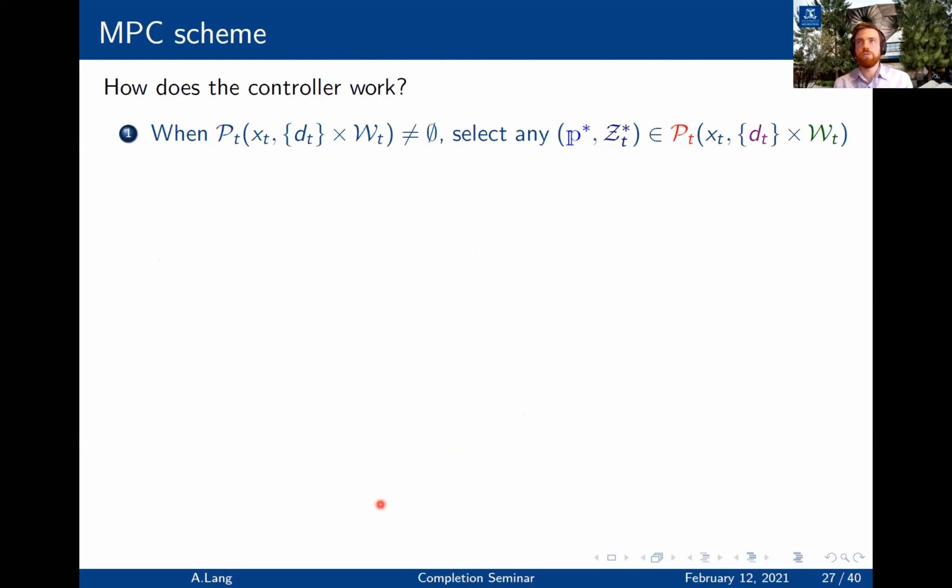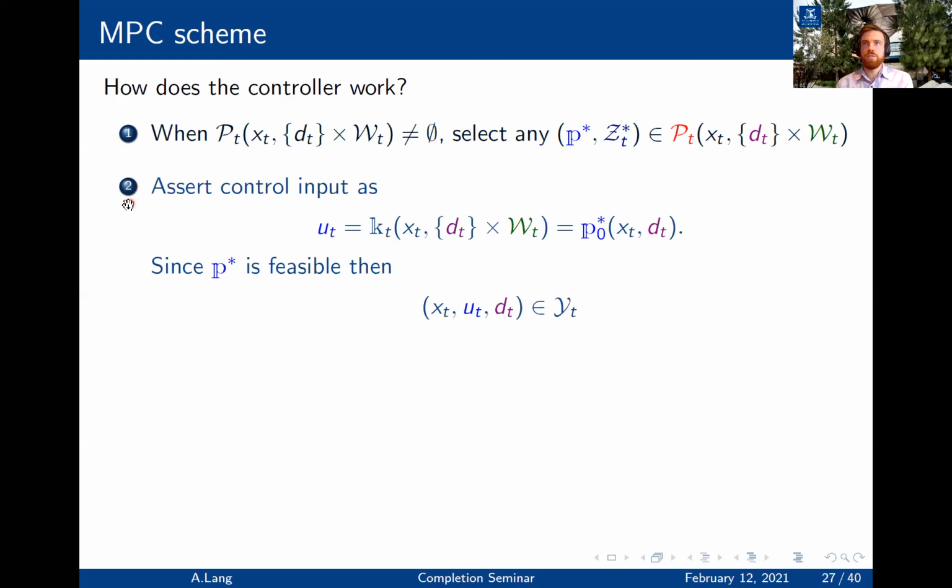So how does the MPC controller work? Well, first, at the current time t, if the constraint set is not empty, then we select any feedback policy sequence and terminal set in the constraint set. We then assert the control input as the first element of this sequence, evaluated at the current state and the current disturbance.